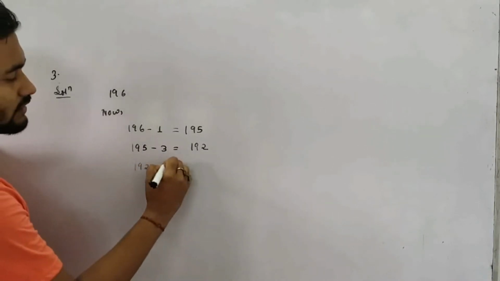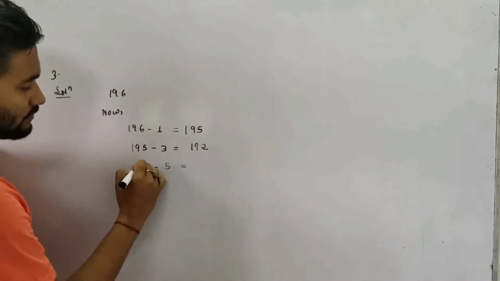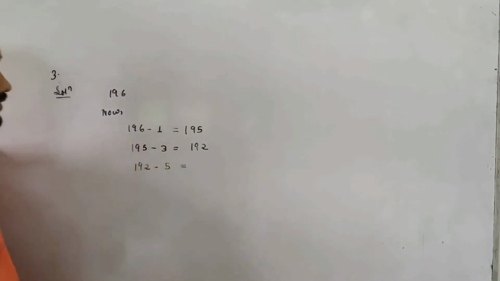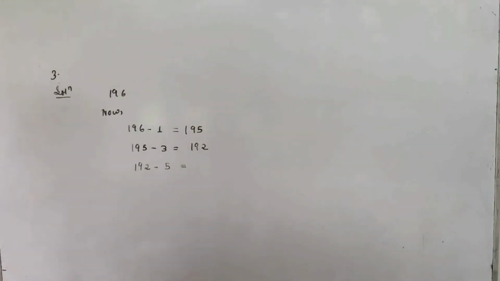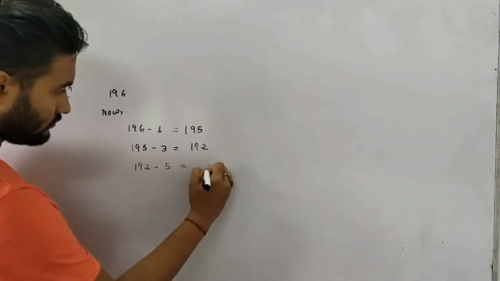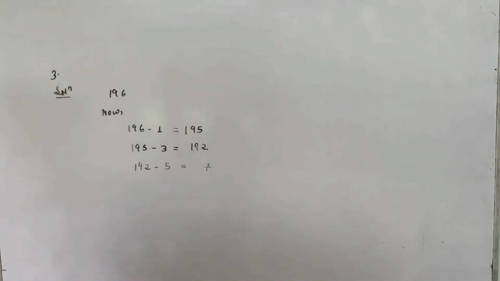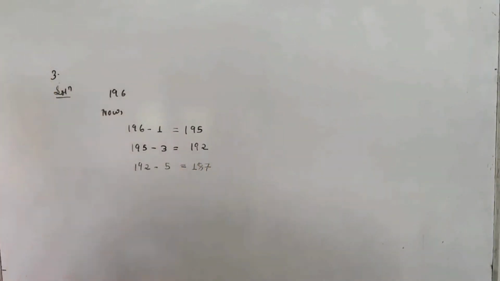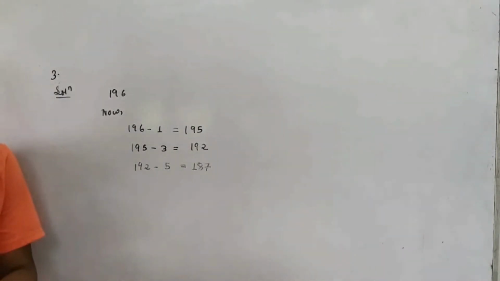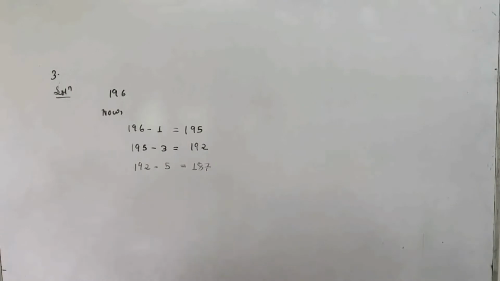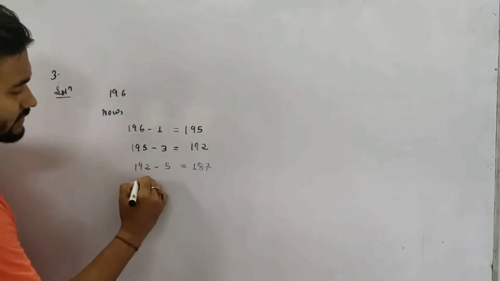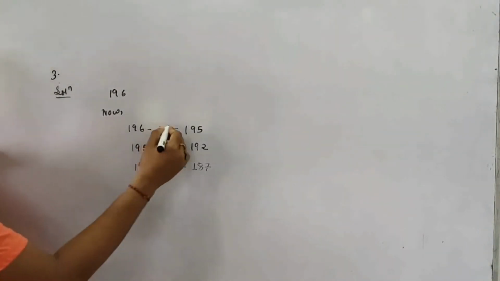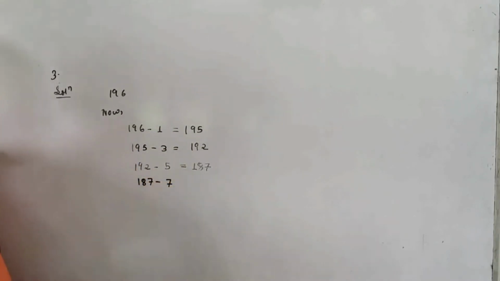So 192 minus 5 will be 187, isn't it? Then what is the next odd number after 5? 7.